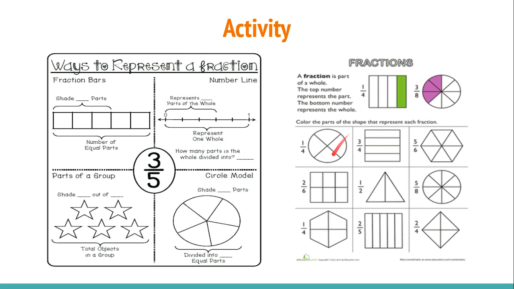The only difference between these two are the models. We have a circle model. So we have 4 pieces, the whole circle, and then the 4 pieces again. And we only want to color in 1 section because the numerator is 1.